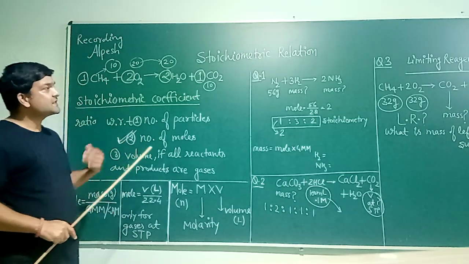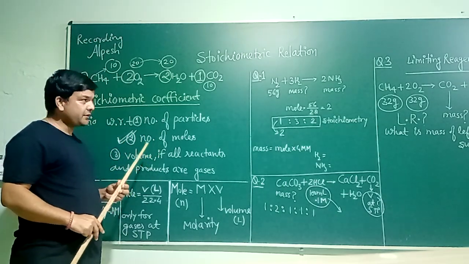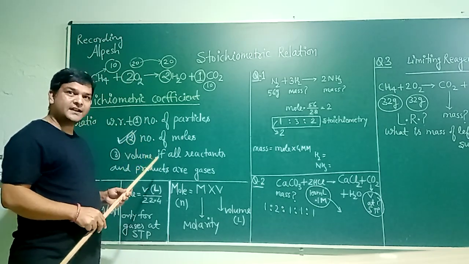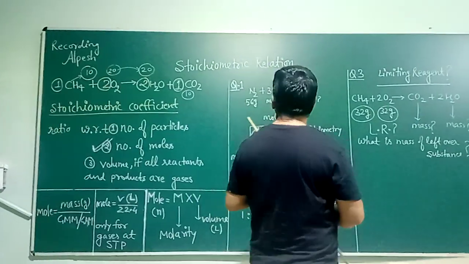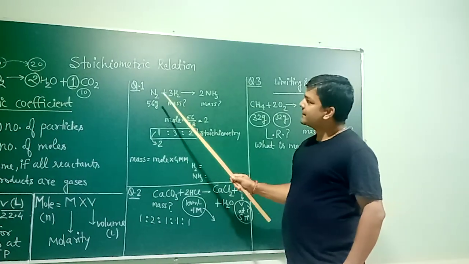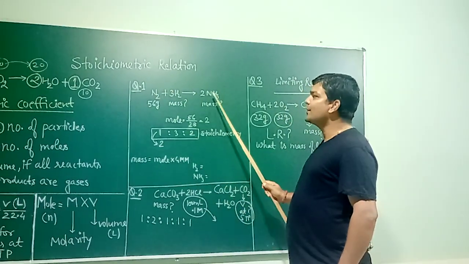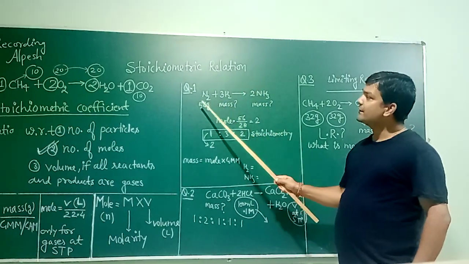Now to explain more, I am going to discuss three numericals today, and later on you revise, you do many more questions, and then you can share your problems. So here I have the first question for you. The question says, in a chemical reaction, nitrogen reacts with hydrogen to form ammonia. Now once again look here, this is a balanced chemical equation.